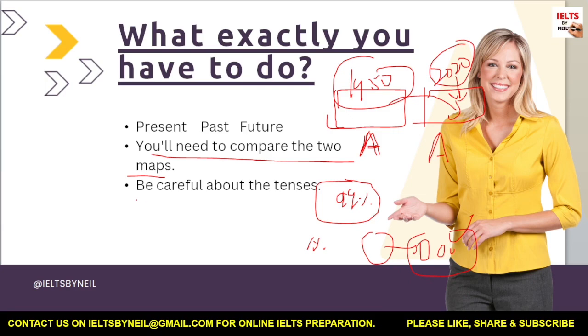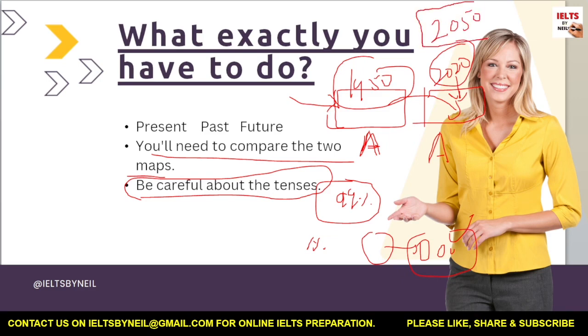One of the more important things is that we have to be careful about the tenses that we're going to use. For example, 1950 means we will use past tense. There was a building, there was a tree, there was a studio, a cafe. If you talk about 2020, that'll still be past. But let's take an example if they've given how this city A will look in 2050.